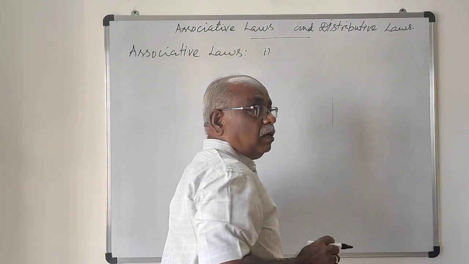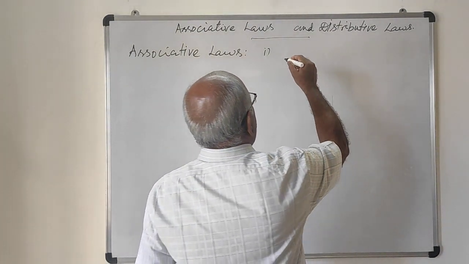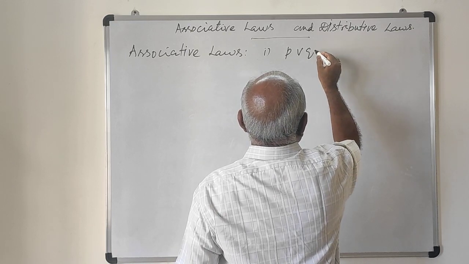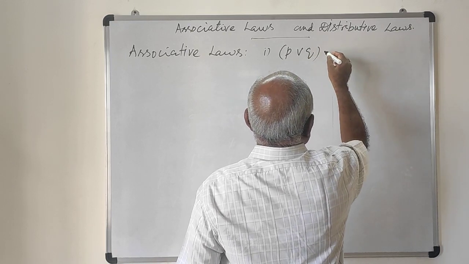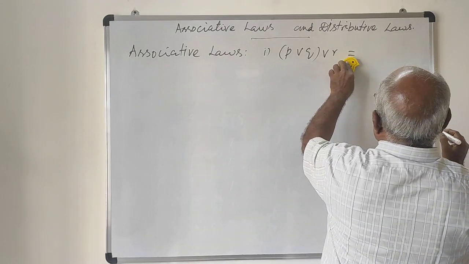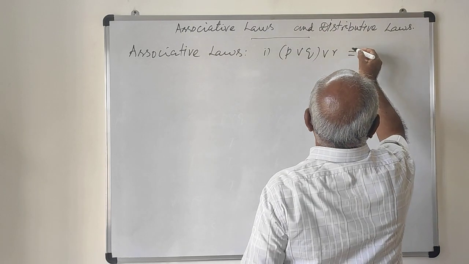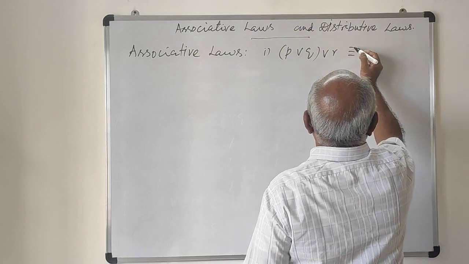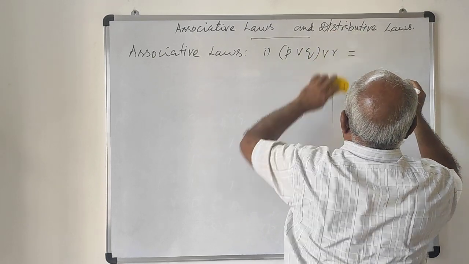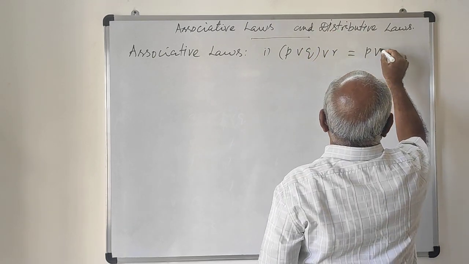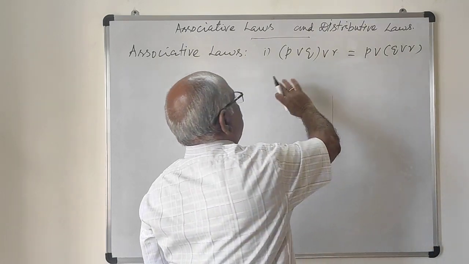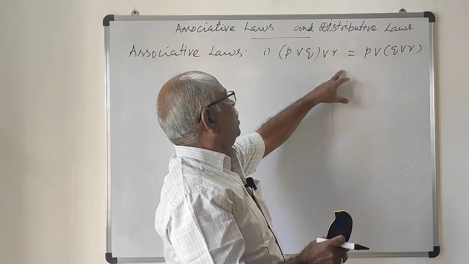P, Q and R are any three statements, then P disjunction Q disjunction R is equal to P disjunction Q disjunction R. This is the associative law. We have to associate P, Q and R like that.